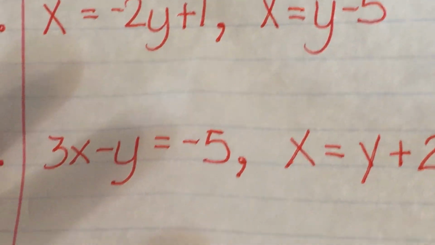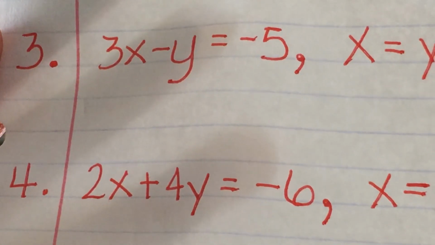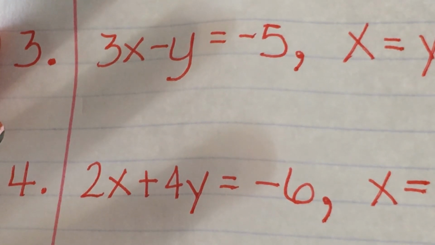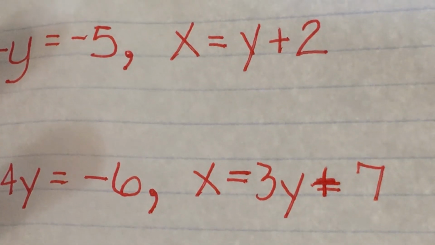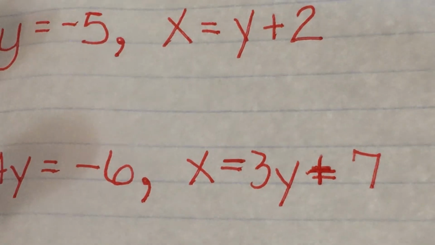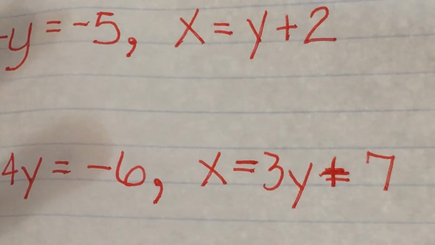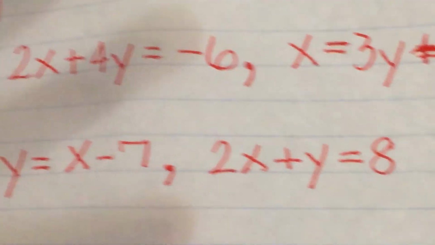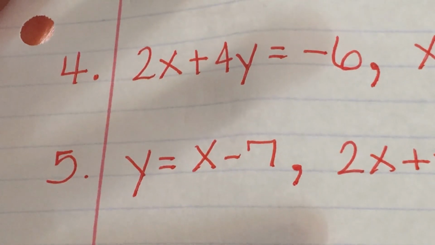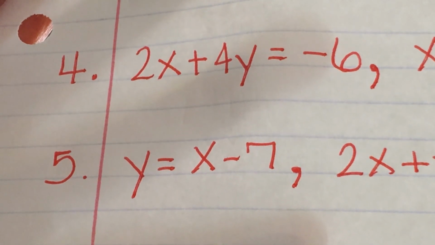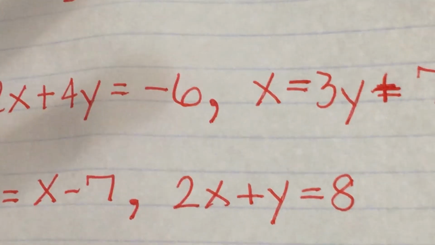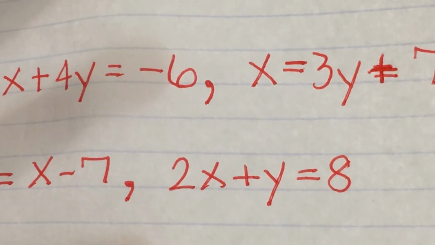Good job. What about number 4? The rest of number 4. That's a plus sign. 3y plus 7. My pen malfunctioned. Or maybe I malfunctioned. Okay, number 5. y equals x minus 7, comma, 2x plus y equals 8.